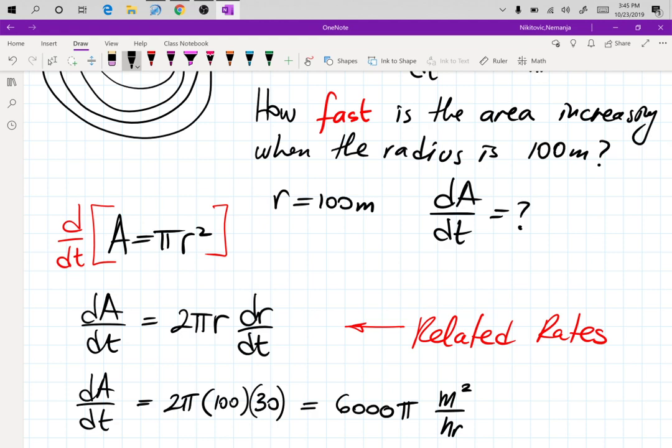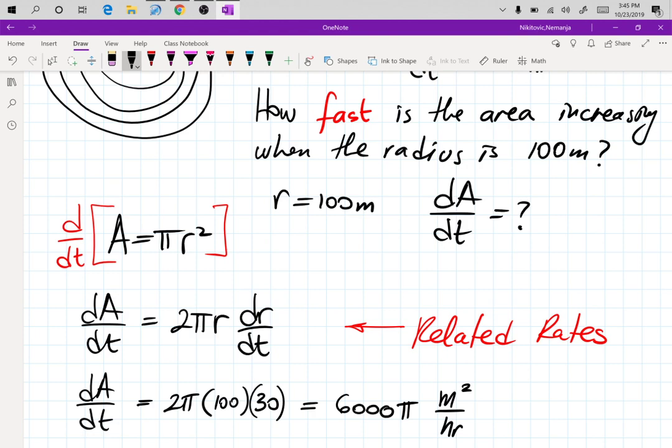So x is 180, dx dt is 120, y is 225, dy dt is 150. They are looking for dd dt, so that stays the way it is. The only thing I don't have that I need to plug in is capital D.